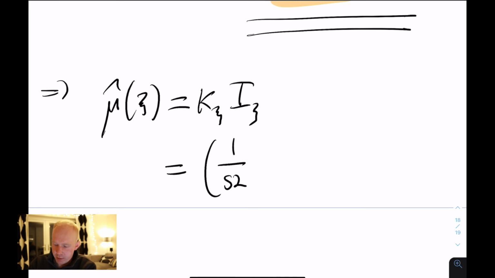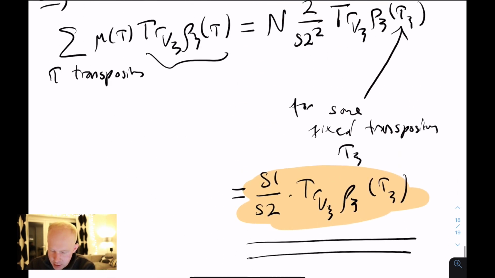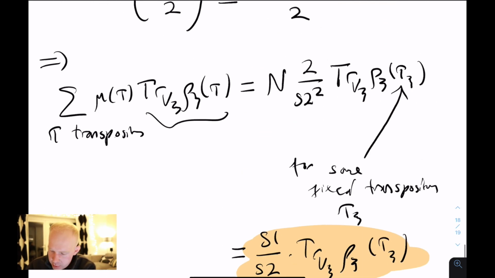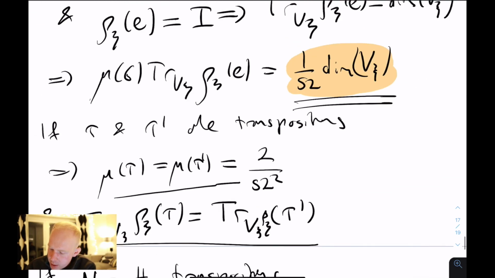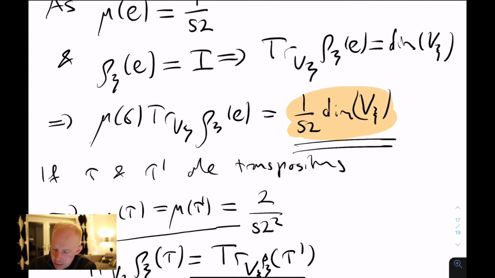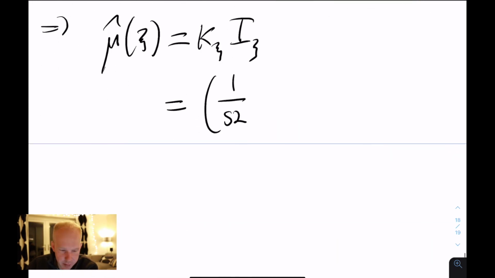Remember that there was the dimension of the vector space in front inside this expression. So once you take the trace, this 1 over the dimension of the vector space disappears, and you have 1 over 52 times the trace of V psi.